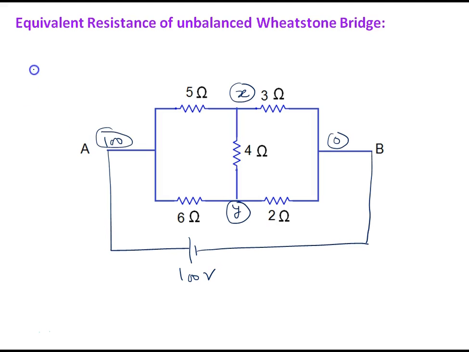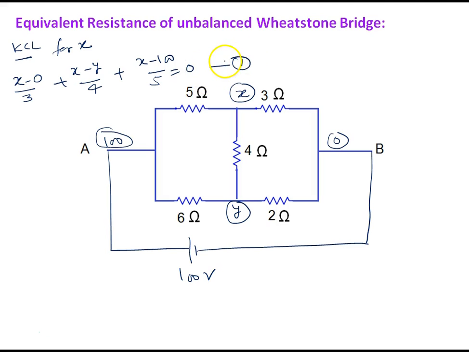Now you apply KCL. Firstly for junction X, what will you write? X minus 0 upon 3 plus X minus Y upon 4 plus X minus 100 upon 5. This should be equal to 0. Equation number 1.